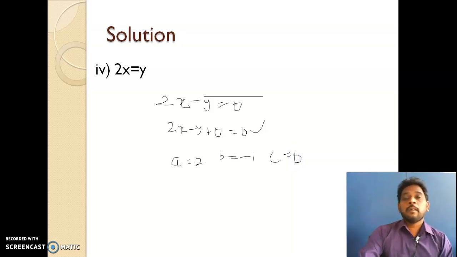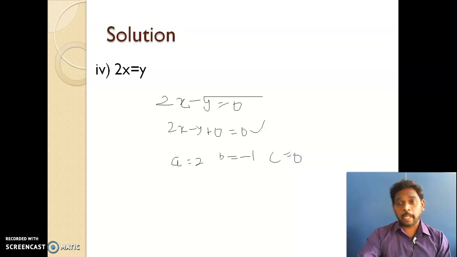So that is the process to write an equation in the form of a linear equation in two variables, that is into the general form, and to find out the values of a, b and c, right?